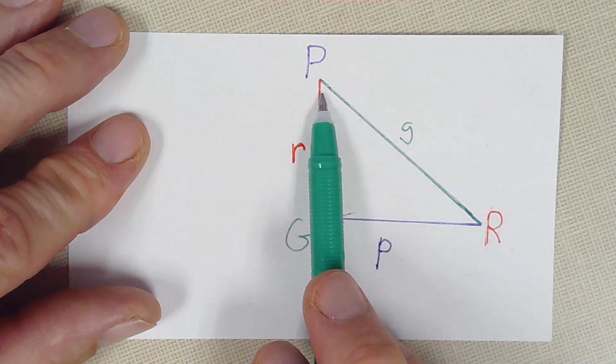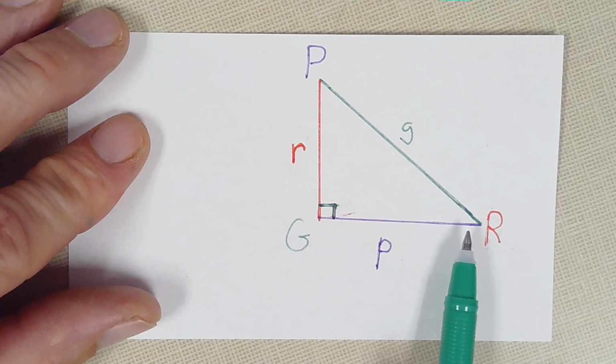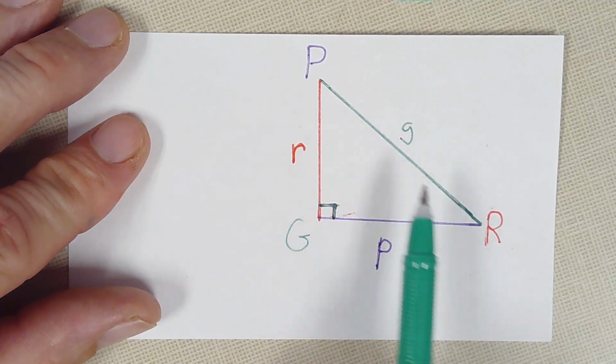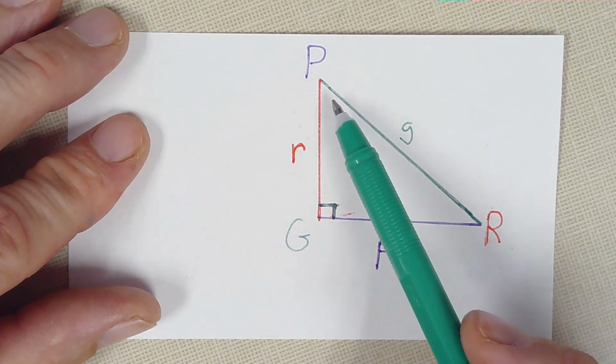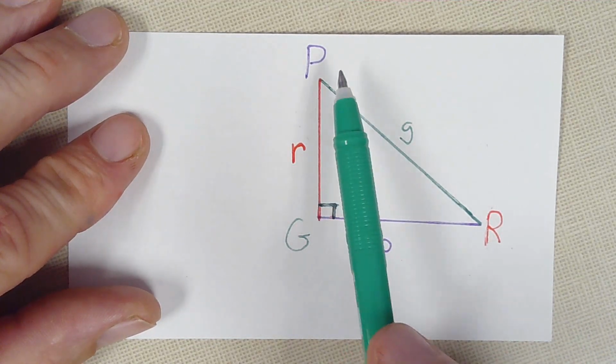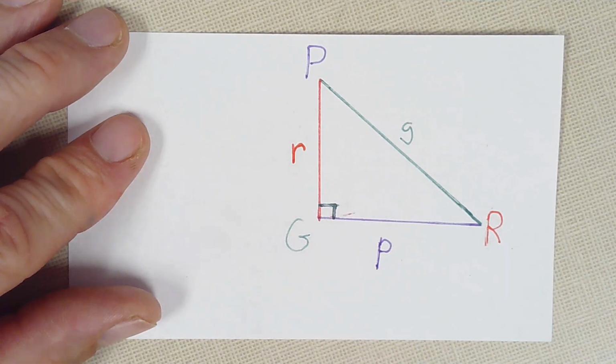The other 2 angles, P and R here, are going to be equal to 90 degrees when you add them up, okay? There's one situation where they are equal, and that's when they are equal to 45 degrees.